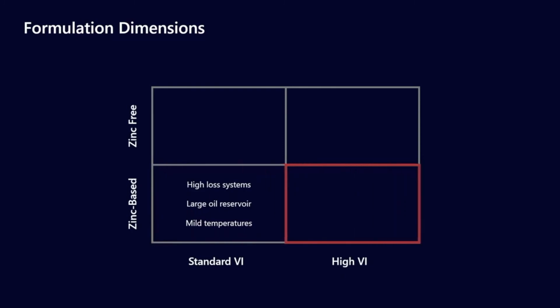Where you might need something with a bit more VI is really kind of typical industrial plant uses. It might see a wide operating temperature range, but there isn't really a strong driver to go to zinc-free because you can afford a much larger oil reservoir, and there's no real concerns about it getting to 80 to 90 degrees. It probably operates around, let's say, 60. All right, so as you start to move up the chain, zinc-free with a standard VI, you're probably just using this for the low toxicity requirement.